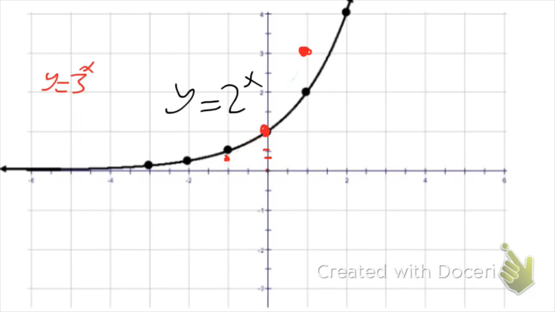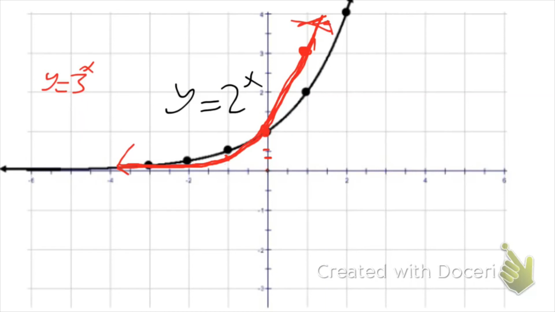I'm going to take out these dashed lines, going on for infinity. And now that's how we graph y equals 3 to the power of x.